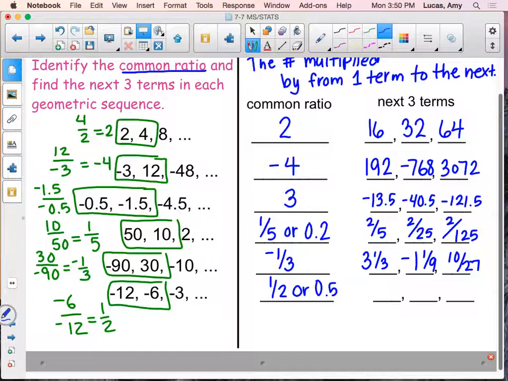So negative 3 times 1/2 is negative 1.5. If I multiply that by 1/2 again, it's negative 3/4. And then multiply that by 1/2 again, it's negative 3/8.